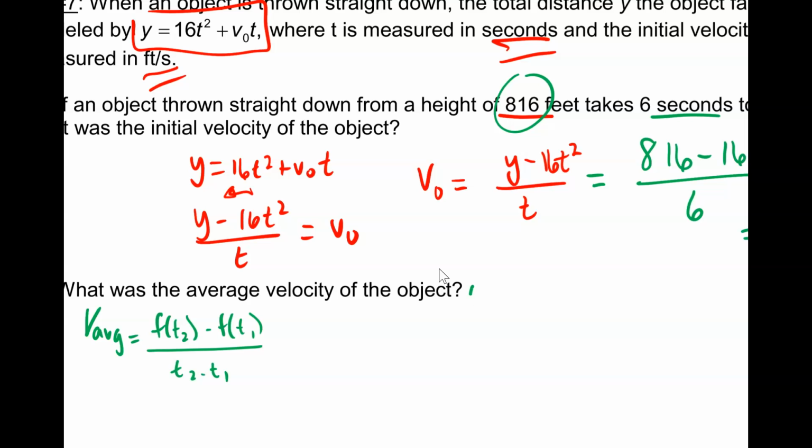So we're going from 0 seconds to 6 seconds. That is our domain. So we want the average velocity over this total time. So this means we're going to be taking f of 6 minus f of 0 over 6 minus 0.